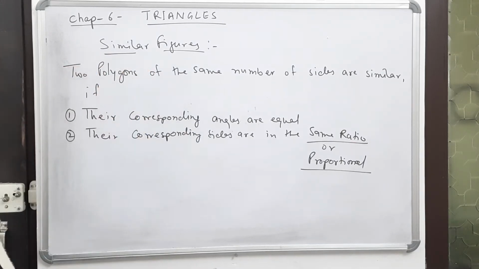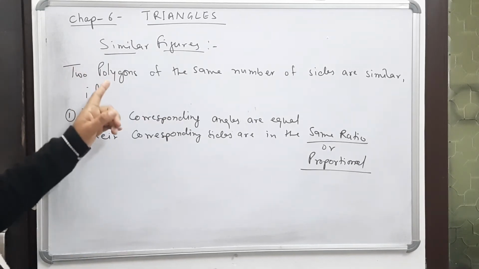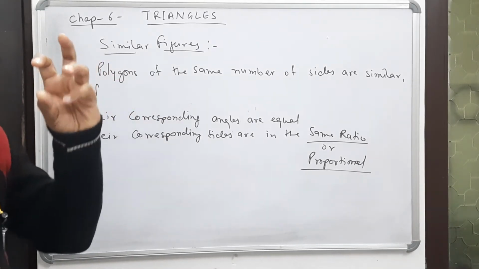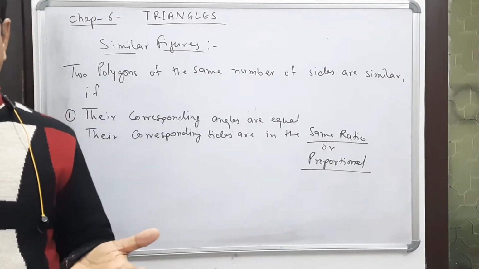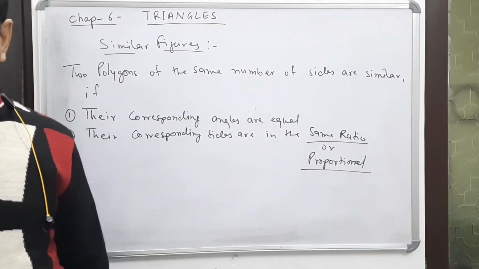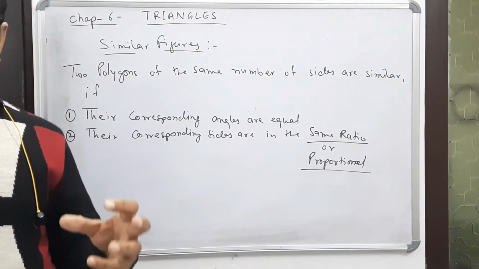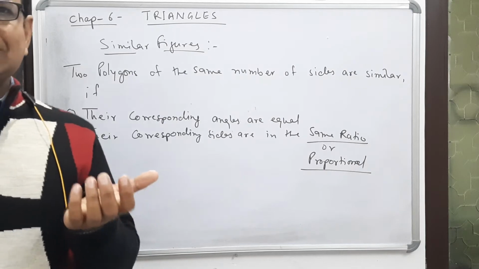Now first I am starting with the similar figure. See dear students, if I take a picture and ask somebody to get a photocopy of that picture, the photocopy can be in three sizes.